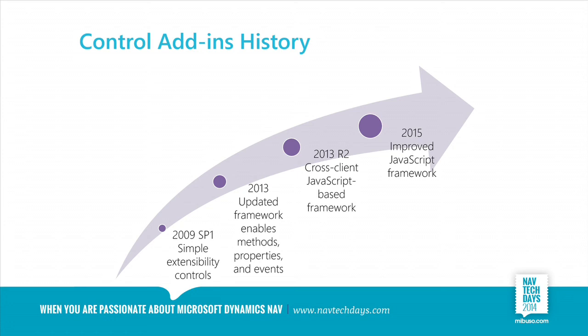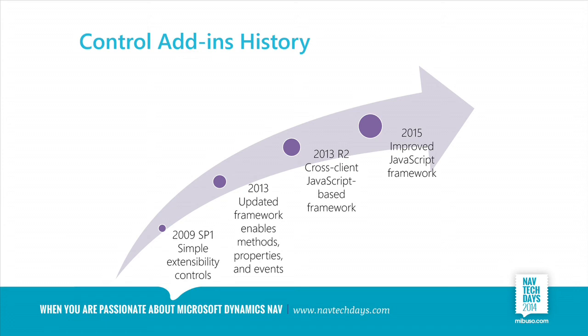But the biggest problem was that in 2013, we had the Windows client and the web client. Obviously, if you write a Windows Forms control add-in, it cannot work in the web client. There is just no way to make it work. So in 2013 R2, what Microsoft delivered is a new framework, which is essentially an extension of the existing one, which allows you to write JavaScript code.